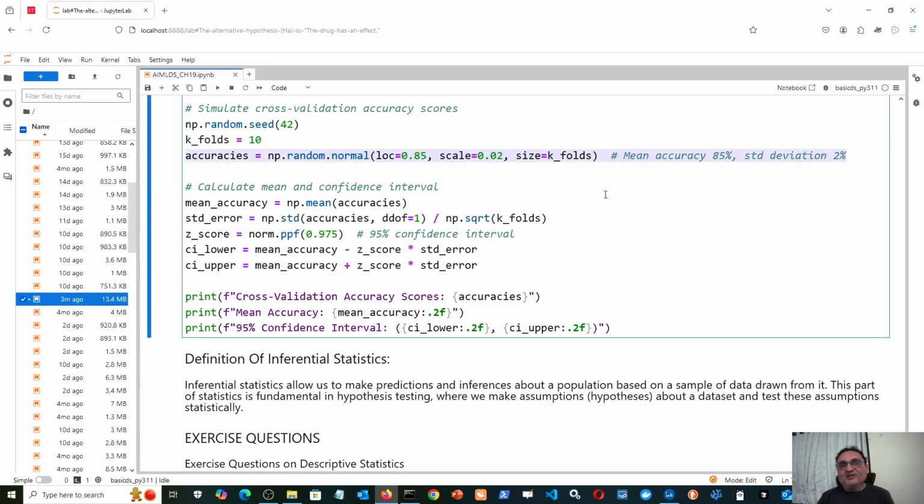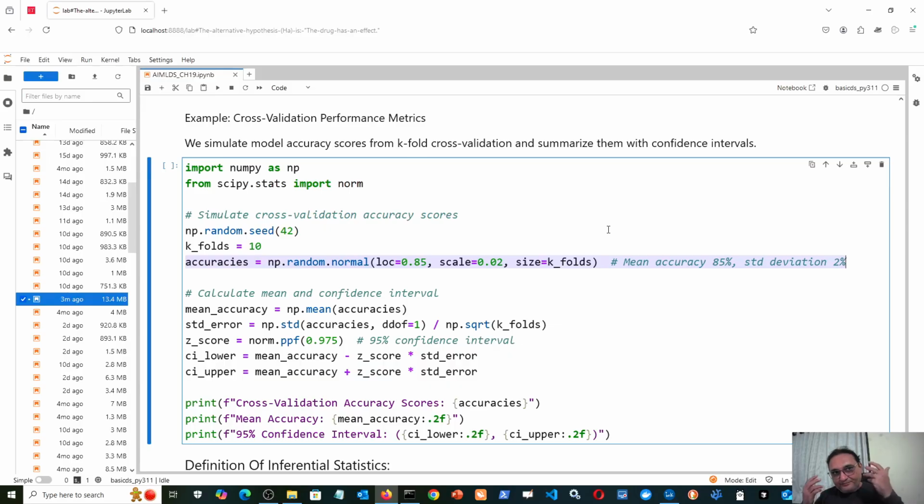Here we are simulating, but there you will actually execute the 10 folds one by one, and you will create a sample of size 10, meaning k folds. The standard deviation is some accepted value, here 2%, and some minimal accuracy you are targeting, that is 85%.